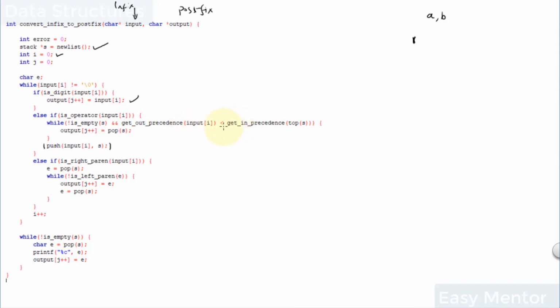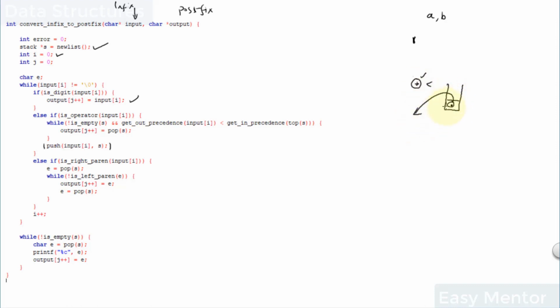If that is less than the precedence of the operator that's on the top of the stack, then I can't put that operator onto the stack. So I have an operator here, and there is an incoming operator, and if the precedence of this incoming operator is less than the precedence of this operator present in the stack, I can't put this on top, because the precedence of this operator is higher, it has to be evaluated before.